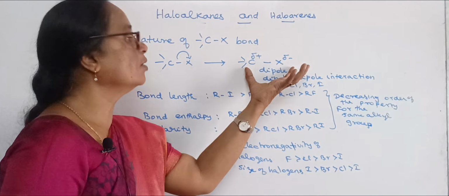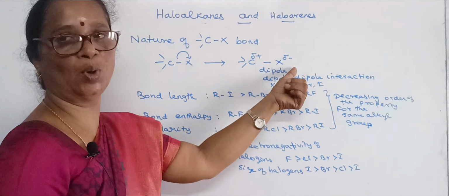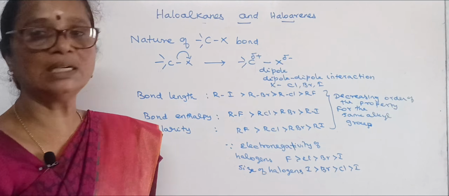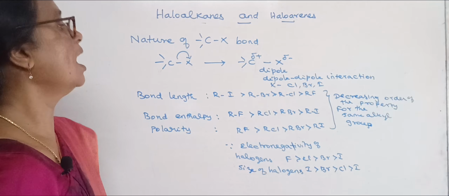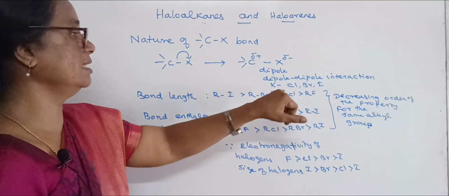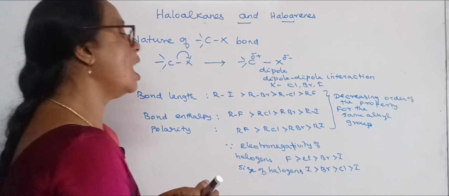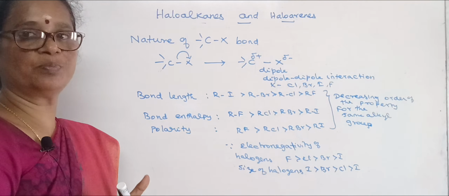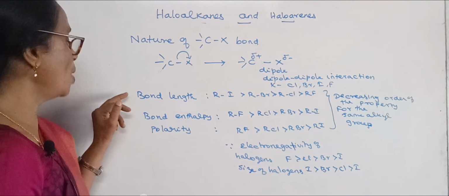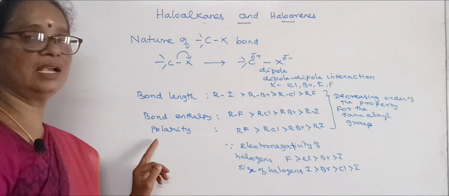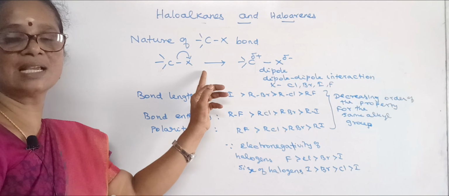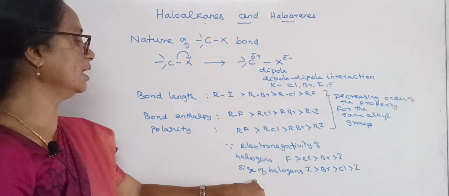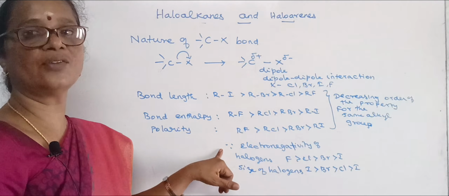Such a bond is said to be a dipole. So the halo compounds have dipole-dipole interaction, where the halogen is either chlorine, bromine, iodine or even fluorine. For the same alkyl group, we can discuss bond length, bond enthalpy and polarity of these halo compounds based on the size and electronegativity of the halogen.